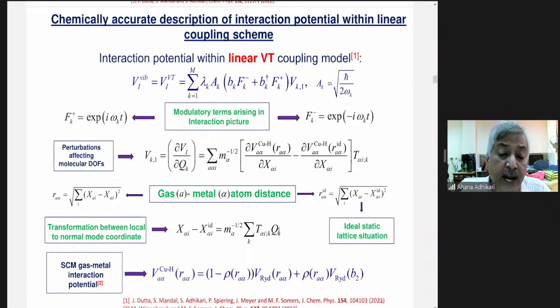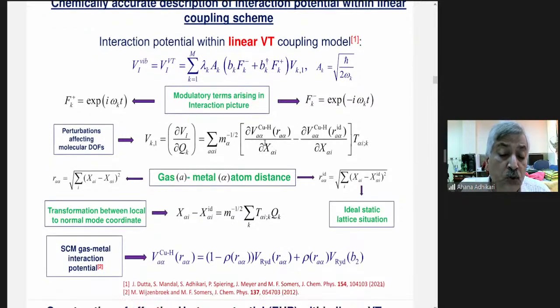Now, in order to get that, you have the interaction potential between copper and hydrogen, and you have to get a very, very accurate interaction potential. For that, I collaborated with the Leiden University surface chemistry group, and probably that is, if not the best, one of the best surface chemistry groups.